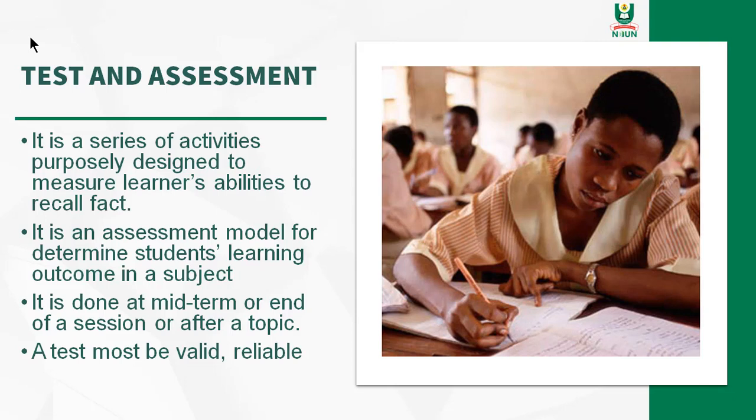It is done at the midterm or end of the session or after a topic, and that is why in a test and assessment we have what we call formative and summative assessment, or formative and summative evaluation, where during the lesson or during the period of your teaching, you can test your students for formative assessment to know whether you have achieved the stated objectives, or you test them at the end of your lesson or at the end of the term, which can be termed as a summative assessment or summative evaluation.